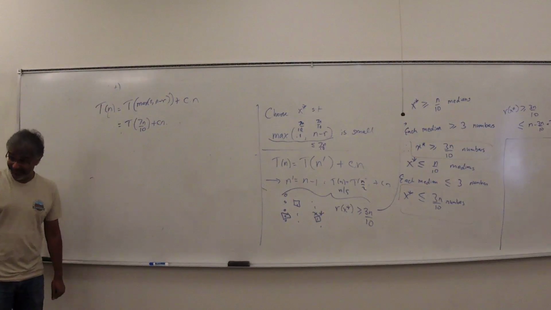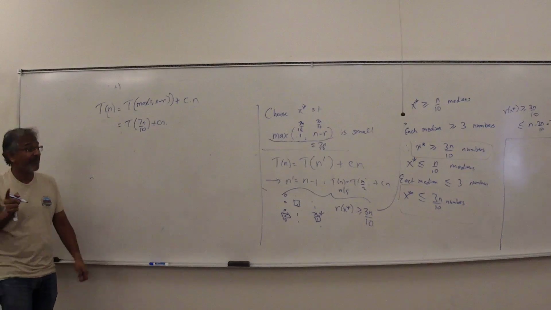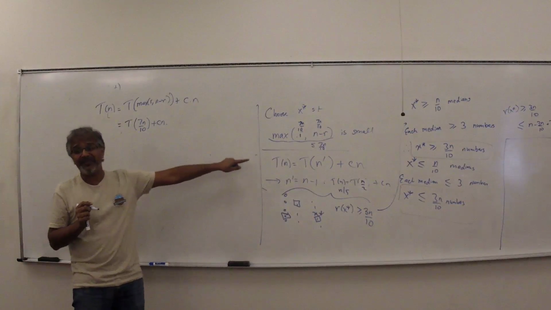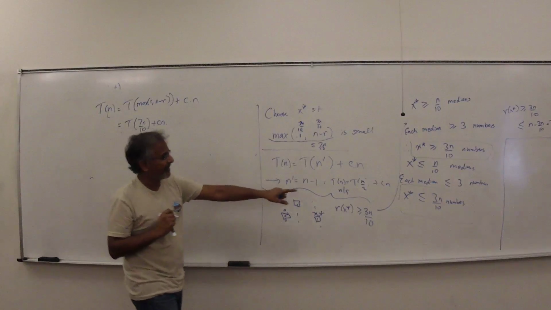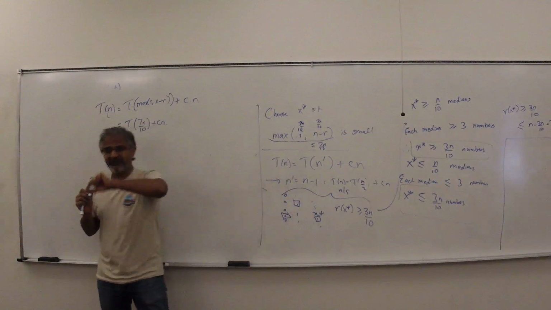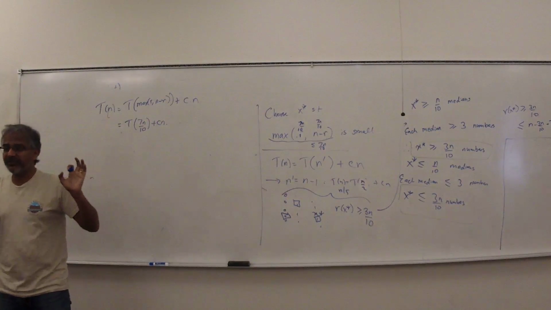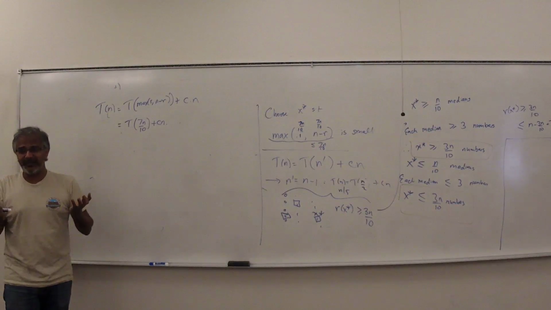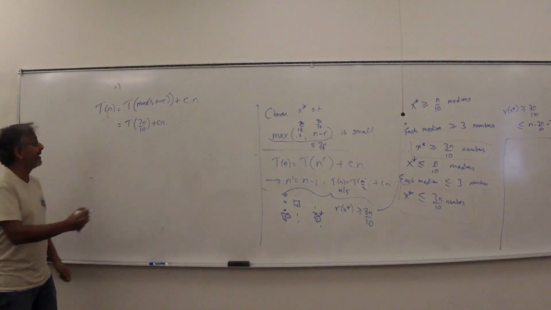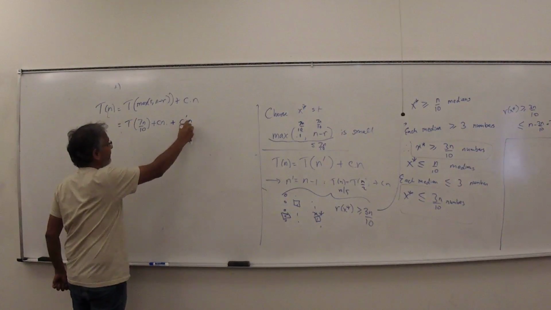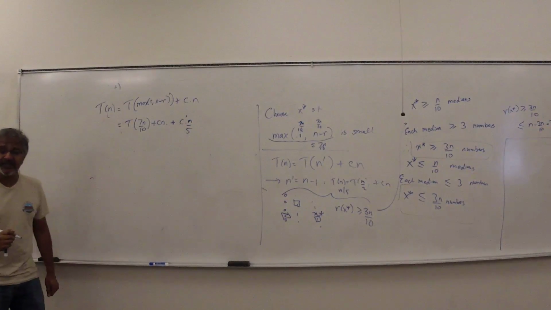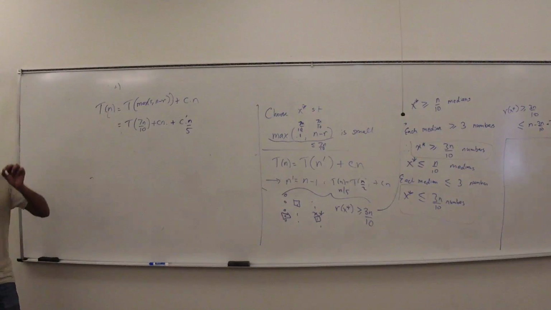But as you pointed out, we're cheating because we haven't counted the time it takes to compute the median. Well, how long does it take to compute each individual median of 5? That is some constant. How many of those things are there? There are n over 5 of those things. So there's one term for that, some C prime times n over 5. But there's also the median of medians. How are we computing that? We have those n over 5 things, and we're computing their median.